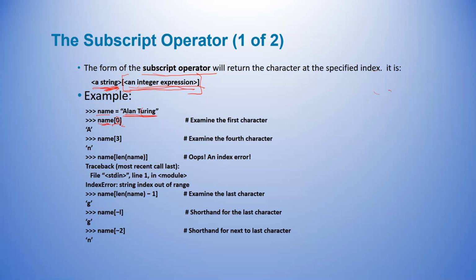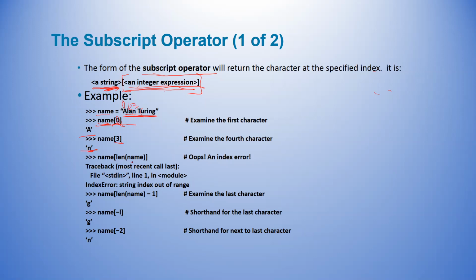So it can be an integer, it can be 2 plus 3, an expression also. Okay, so this will give you A because that's the first character. And this one, subscript 3, if you count 0, 1, 2, 3, so that will give you N, okay?